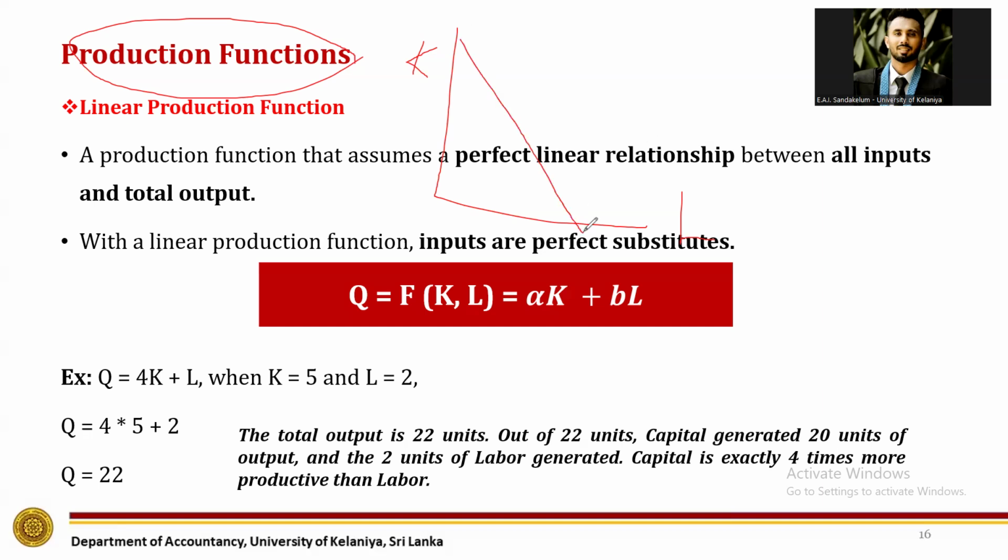This kind of relationship we call linear. So this is a straight line. If it is a perfect linear, it means we can make changes between these two variables. That means we can easily replace one input with another input.